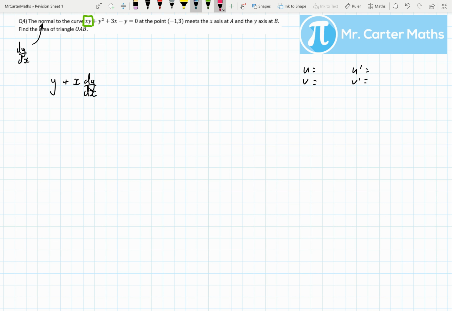Going to move on and look at my second term, y squared. y squared differentiates to 2y. Differentiate a y term, multiply by dy/dx. My third term, 3x, differentiates to 3. And my final term, minus y, differentiates to minus 1 multiplied by dy/dx.